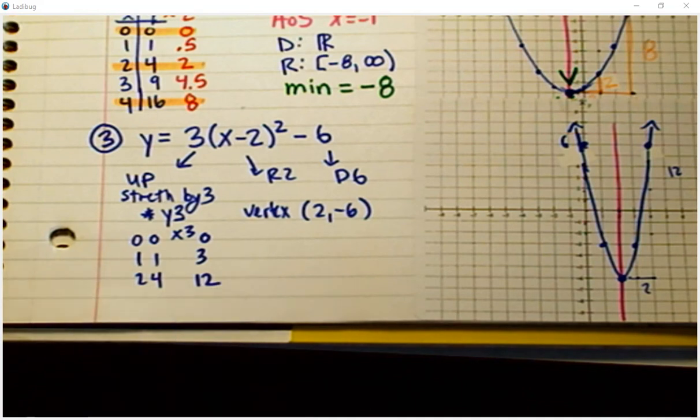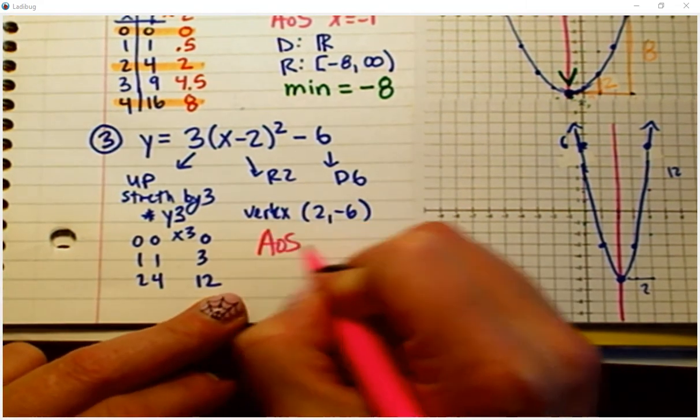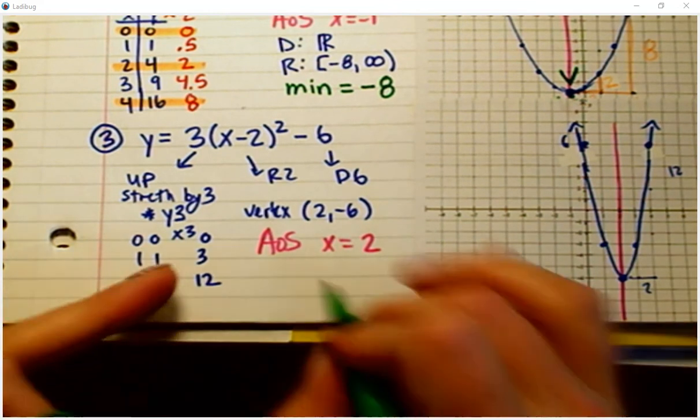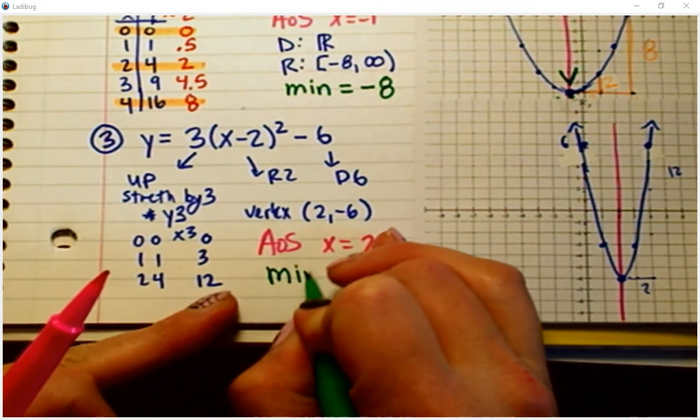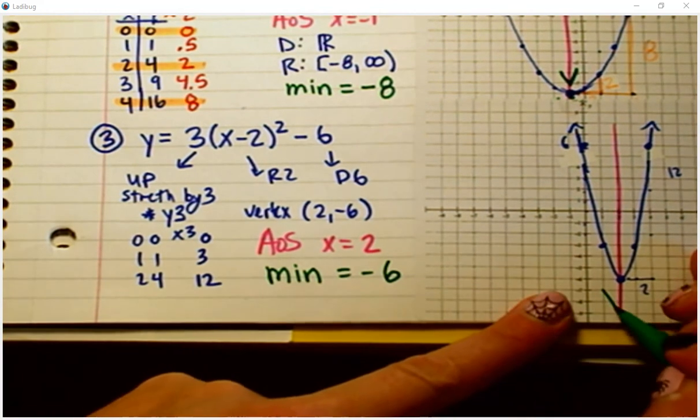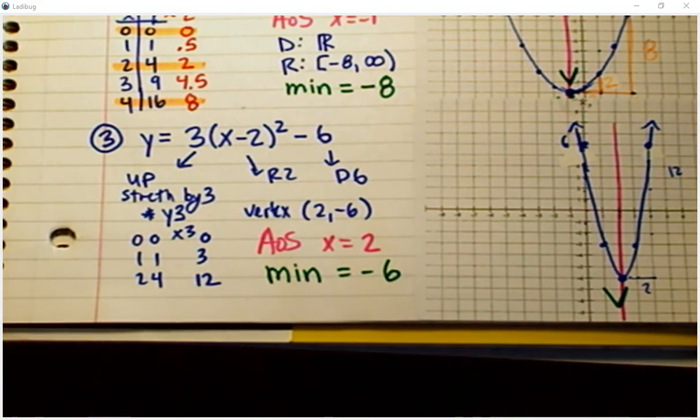No, you just have to make the graph. Okay. Vertex. Axis of symmetry, x equals 2, and the minimum is -6. There's that vertex.